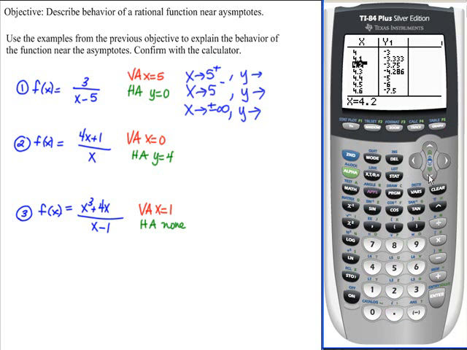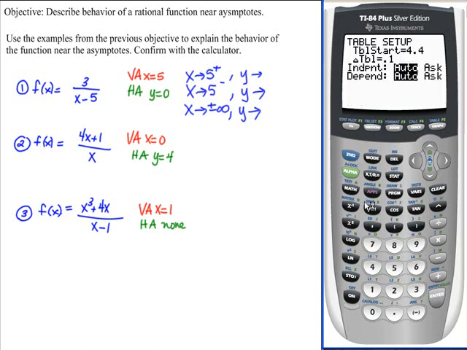As you can see, between 4 and 5, if we increment by 0.1, we're getting values like negative 30. Well, let's go even further. Let's start at 4.9, and instead of counting by 1/10, let's count by 1/100th.